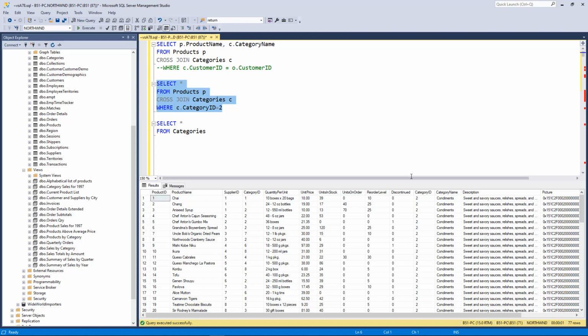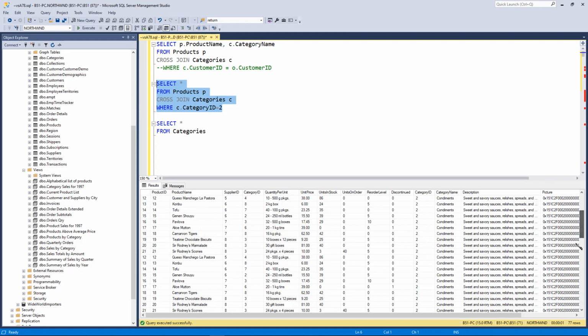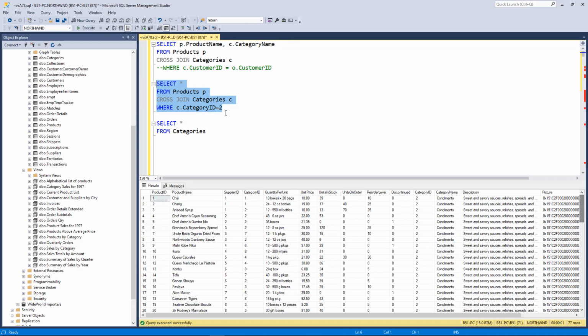In the categories table, we see it 77 times because it multiplied. Also, category number 3, let's look at this table and run it. And it multiplied by 77 times. Each category in the categories table is multiplied by the number of rows in the products table. So each of them will multiply by 77 times.